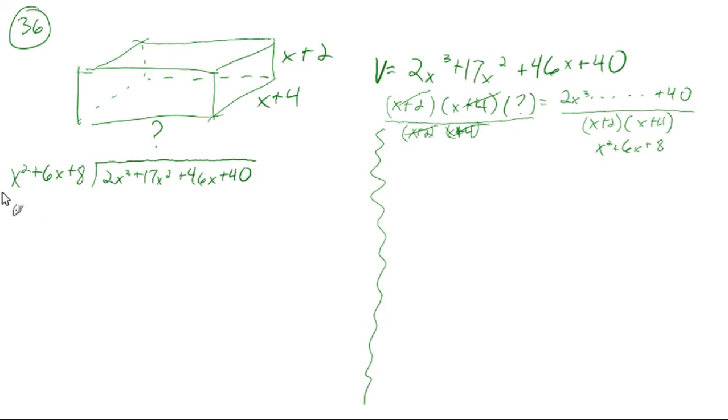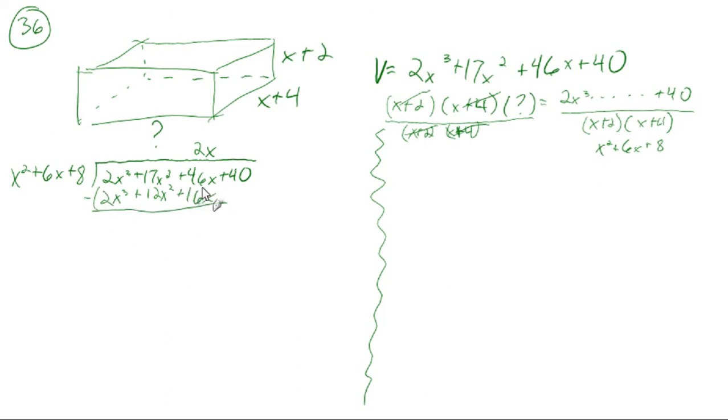So we're going to multiply x squared by something to get 2x to the third. We multiply by, let's see, 2x. Yes, multiply by 2x. Okay, so 2x times x squared is 2x to the third. 2x times 6x is 12x squared. 2x times 8 is 16x.